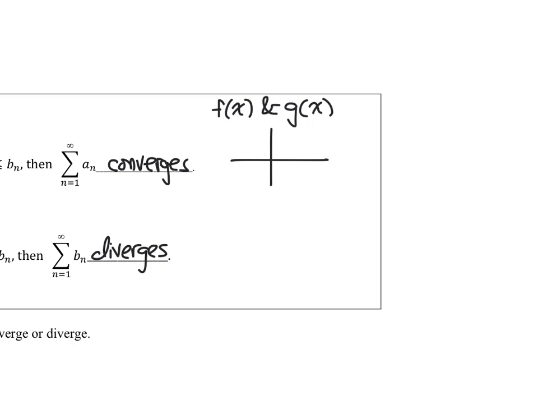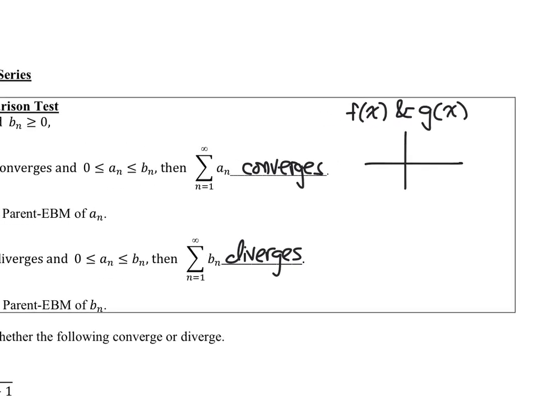Now, the relationship here is that f of x is less than g of x. All right, it could be less than or equal to, but I want to specifically show the case where it's less than. There are a bunch of different ways that this can play out, but I do know that f of x has to be smaller than g of x.